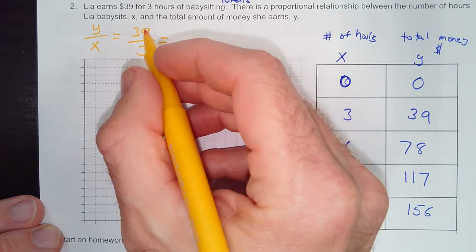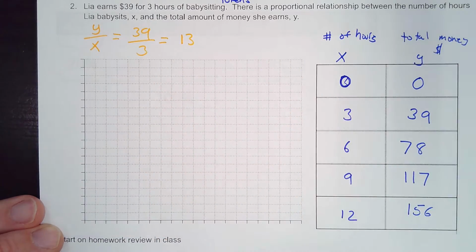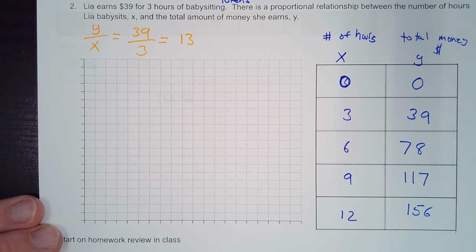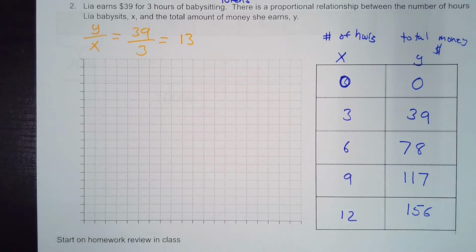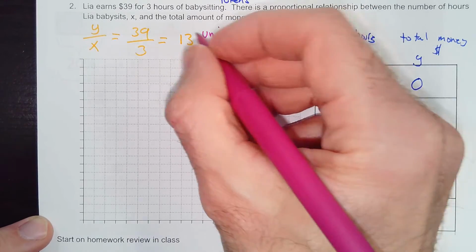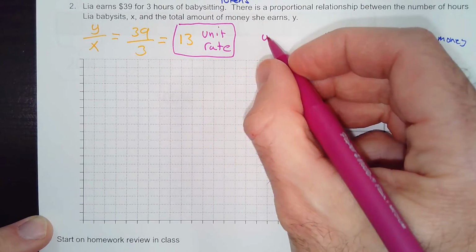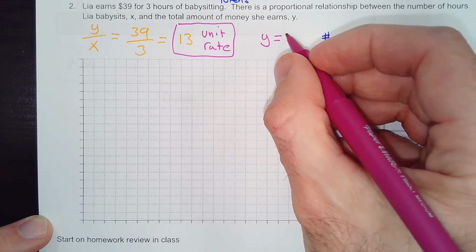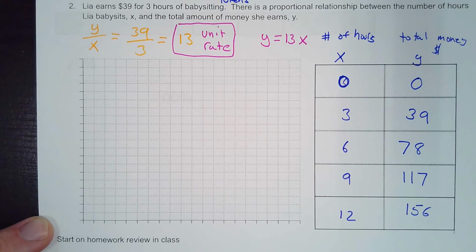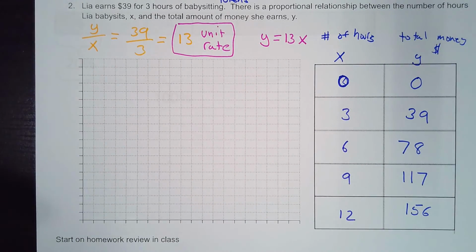All of these, y divided by x, are going to be 13 as your constant of proportionality or unit rate. And that would make our equation y equals 13x, where 13 is our k. And so that is our table and our equation.